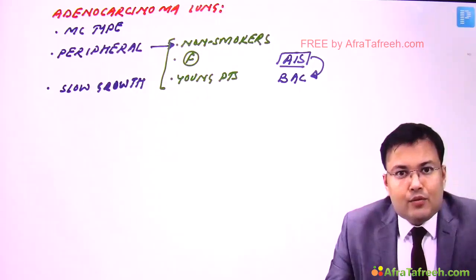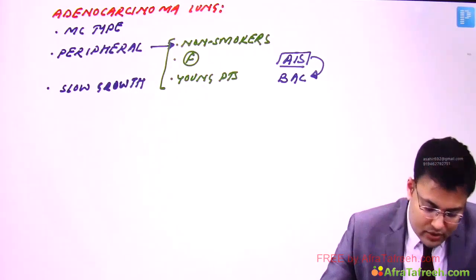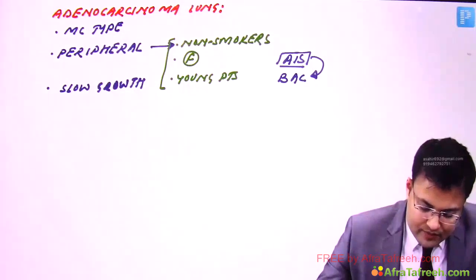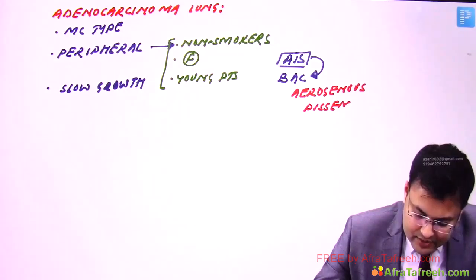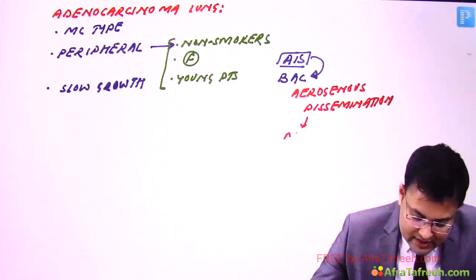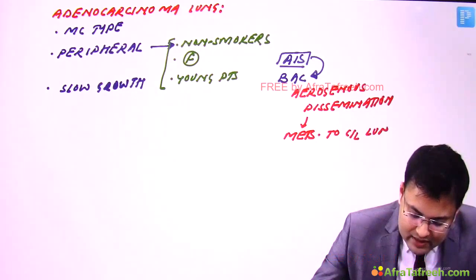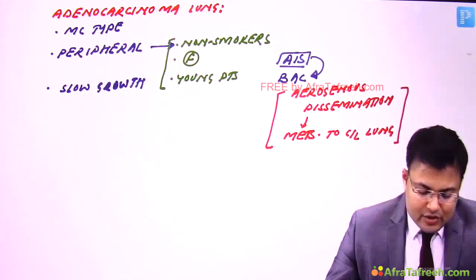This tumor has a propensity to metastasize to the contralateral lung, or opposite lung. So in adenocarcinoma in situ, because of this aerogenous dissemination, meaning transmission via airway, there is metastasis to the contralateral lung. Clear? Which special type? Adenocarcinoma in situ. In short, previously it was known as bronchiolo-alveolar carcinoma, and in short that is known as BAC.